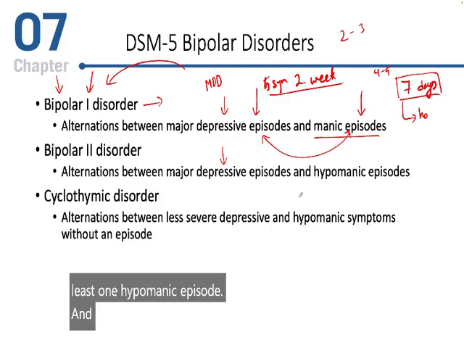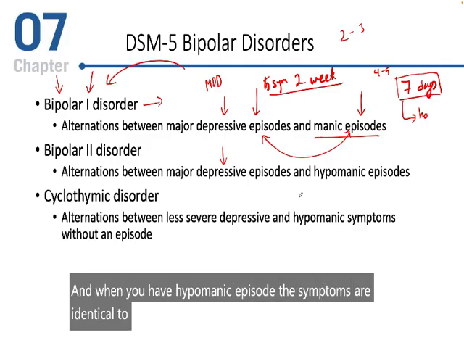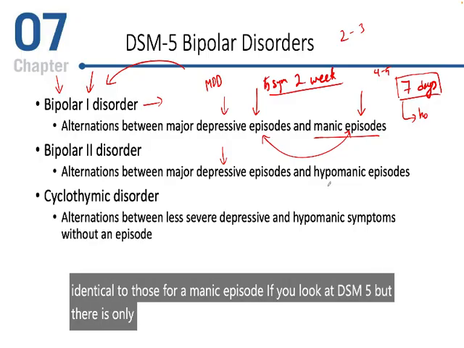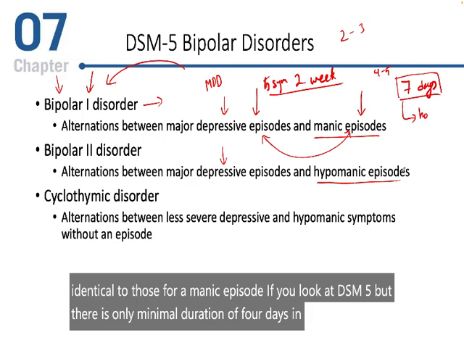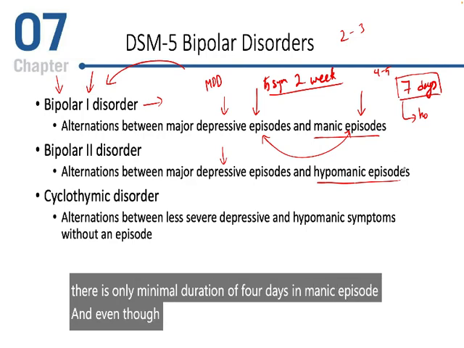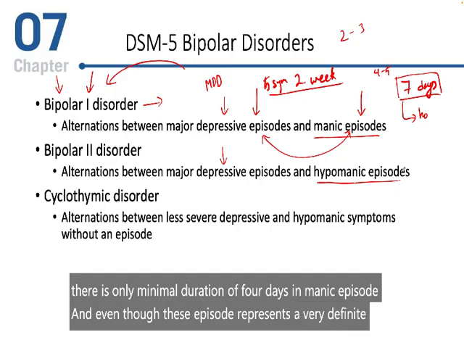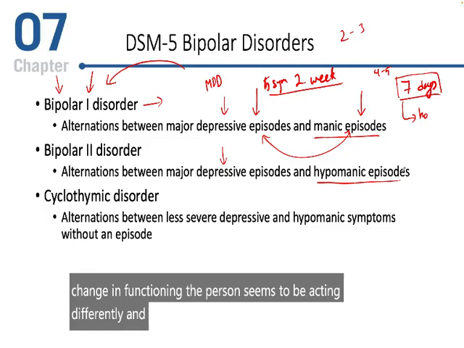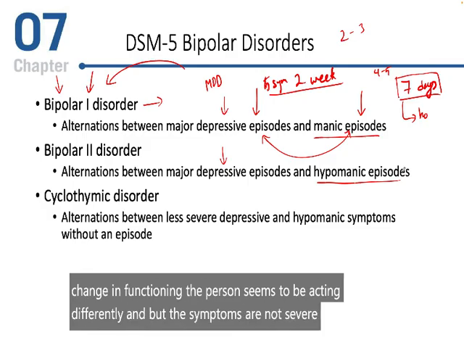When you have a hypomanic episode, the symptoms are identical to those for a manic episode if you look at DSM-5, but there is only a minimal duration of 4 days. And even though these episodes represent a very definite change in functioning, the person seems to be acting differently, the symptoms are not severe enough to cause marked social or occupational impairment.